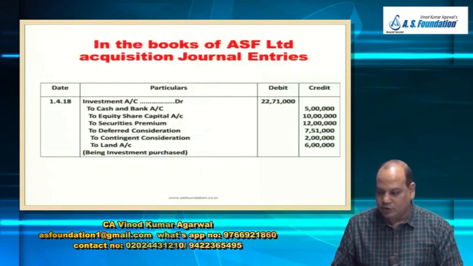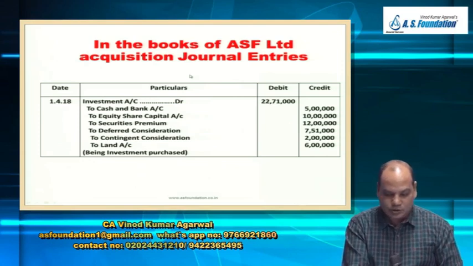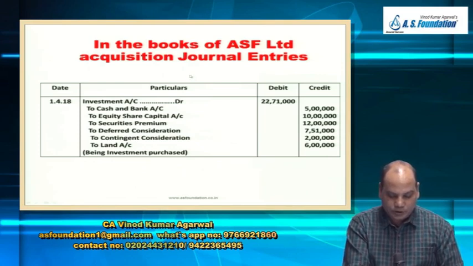Now we'll pass first initial journal entry and then ledger accounts. Is it right? So write down in the books of ASF Limited journal entry on acquisition in separate financial statement.